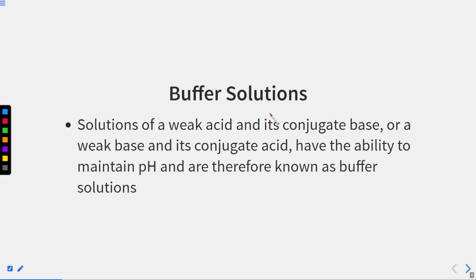A solution of a weak acid and its conjugate base, or a weak base and its conjugate acid, has the ability to maintain the pH and is therefore known as a buffer solution.